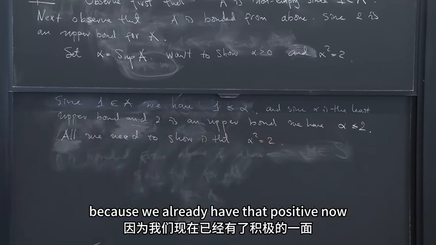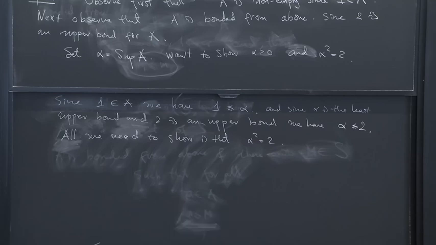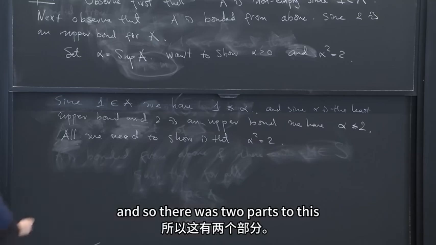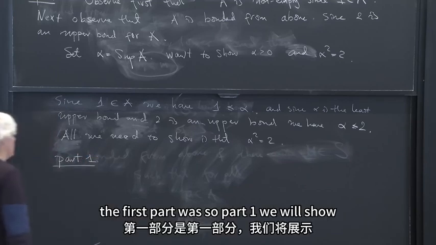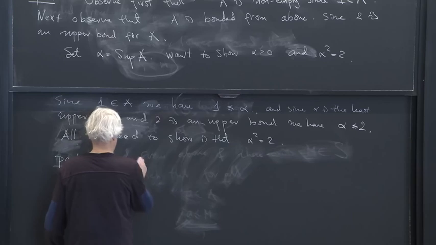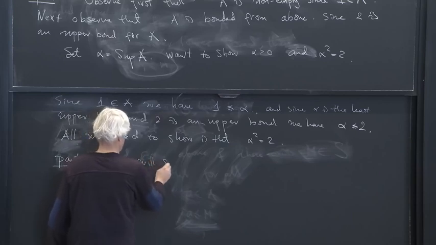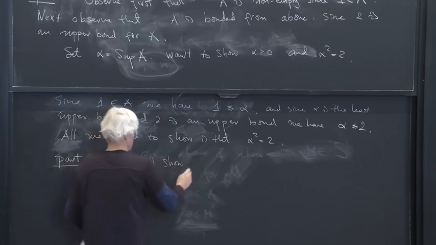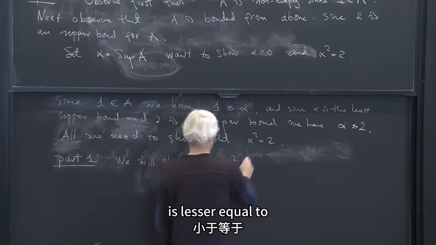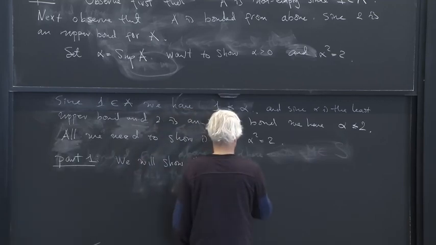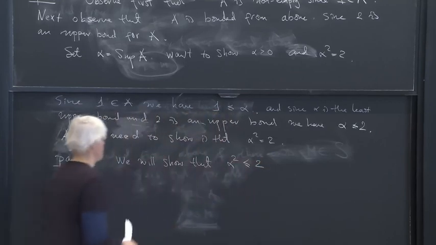Because we already have it as positive now, because it's bigger than 1. And so there were 2 parts to this, part 1 and part 2. The first part was, part 1, we will show that alpha squared is less or equal to 2. Right.